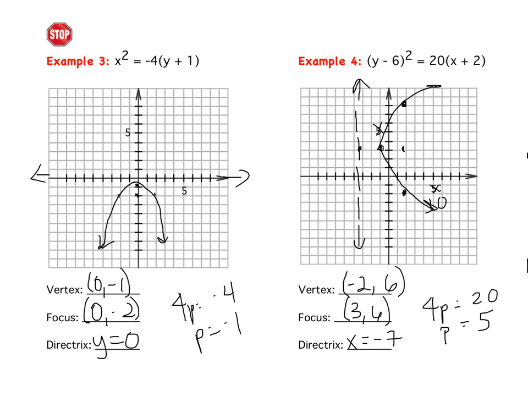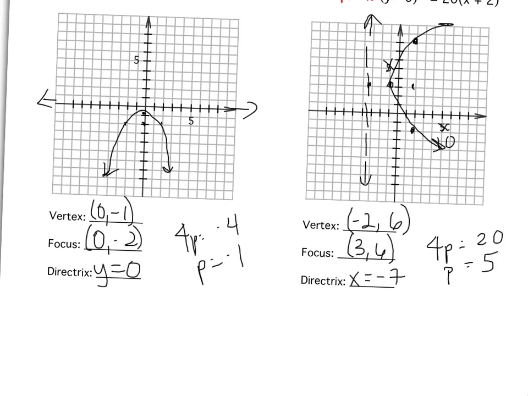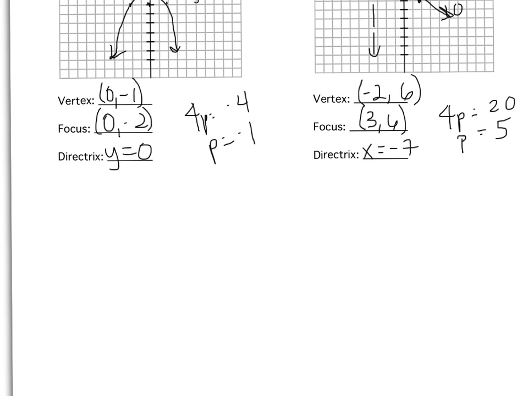Now a couple things to remember as you are graphing parabolas. Look first: is it x squared or y squared? Remember, if x is squared, it's going to open up or down. If y is squared, it's going to open left or right.